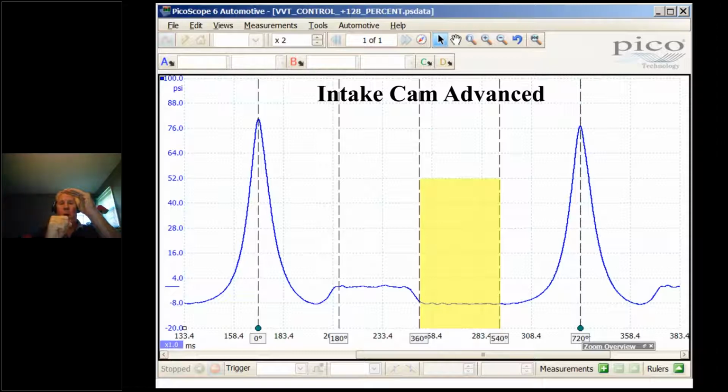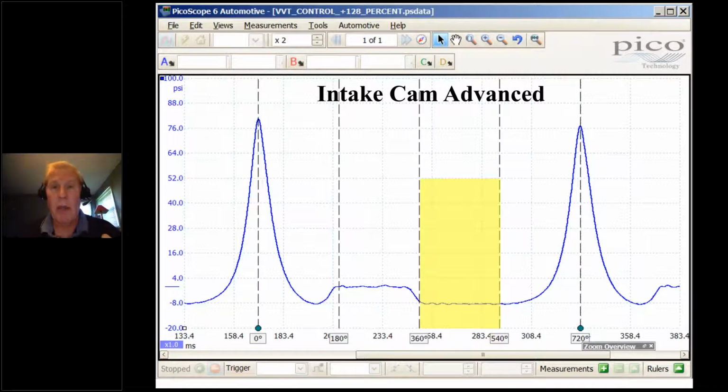Now, we don't actually build pressure in the cylinder until you close the intake valve. So if you close the intake valve late, I close the intake valve here, that's where I start to build pressure. So there's less air mass to compress. But if I close the intake valve sooner or earlier, there's more air mass to compress.